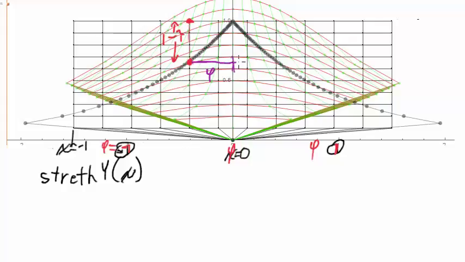And how do I want to work this? I want to make 1 minus tau times, you know what, rather than call it stretch y, let's call it stretch tau, because that's what we're really stretching, right?